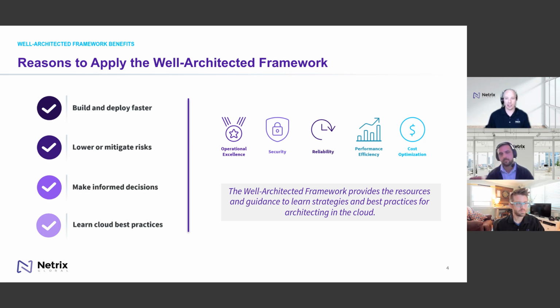And you see a list of items here on the left side. Really, it comes down to mitigating risk and being more agile and doing things the quote unquote right way, no matter whether you are on AWS or whether you are on Azure or even any other public or private cloud platform.